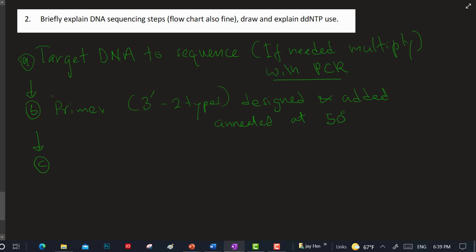So we move on to the next one. So we're going to add the DNA polymerase, and we have to add dNTPs. So it's something like Taq polymerase, right? And then we have to add the dNTPs.